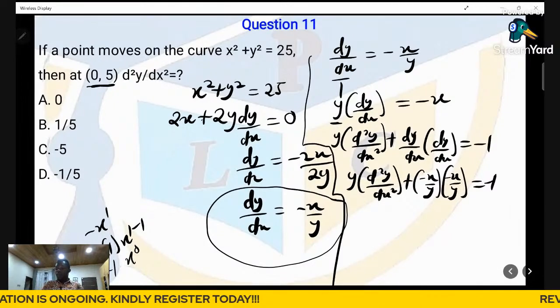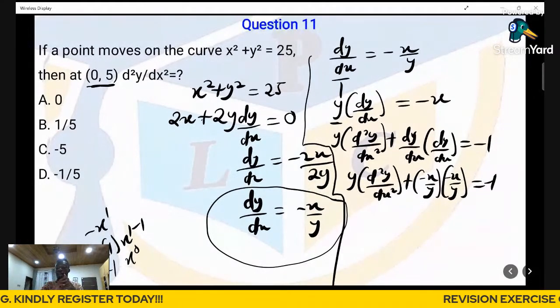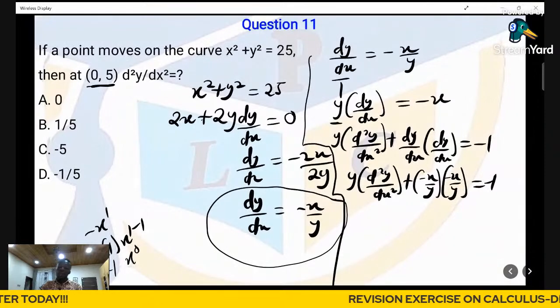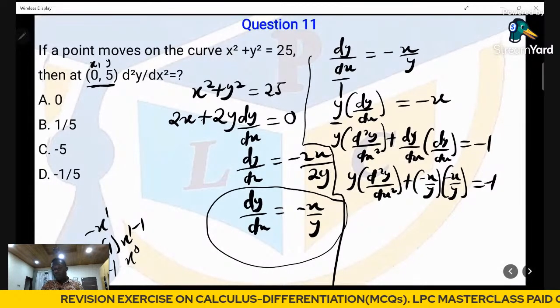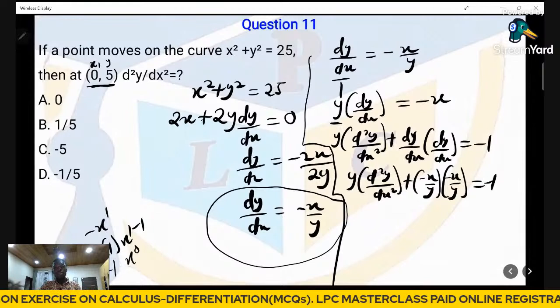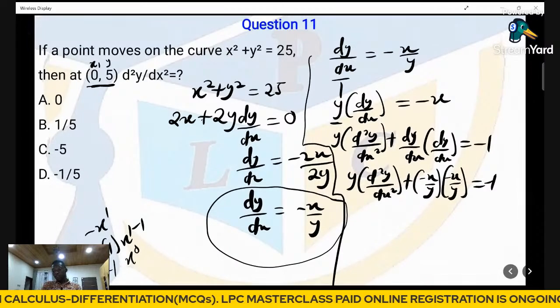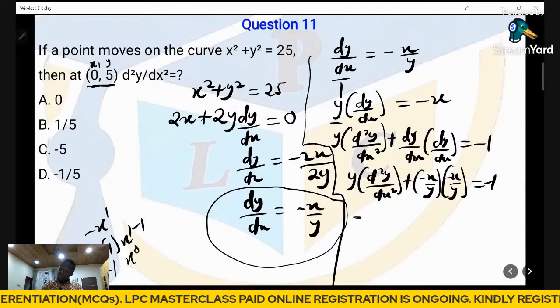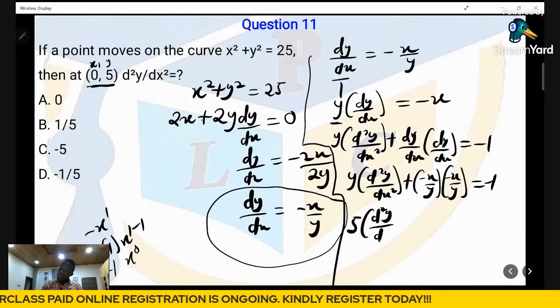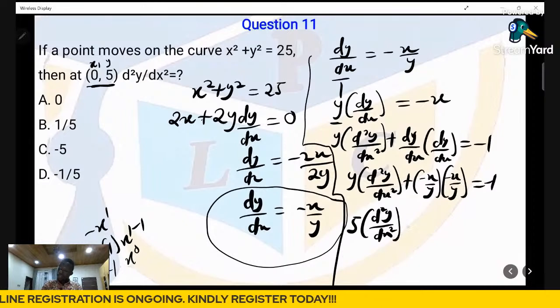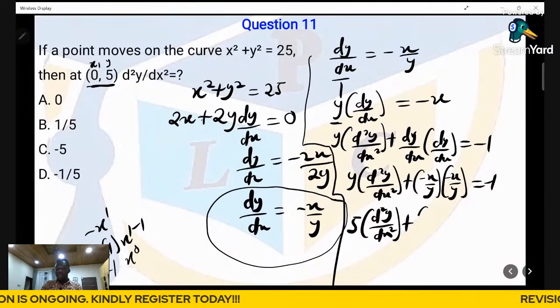Once I'm done with that, I'll come back to consider the points that were given. The 0 represents the x, and the 5 represents y. So whenever I see x, I'll substitute 0 there. Whenever I see y, I'll also substitute 5 there. So we have here 5 d squared y over dx squared, plus, so here too, I know that x is 0.